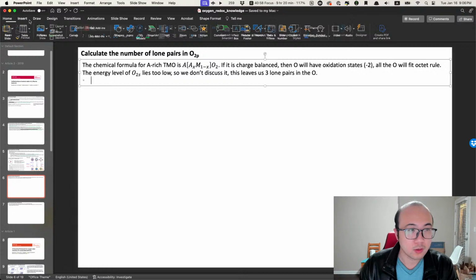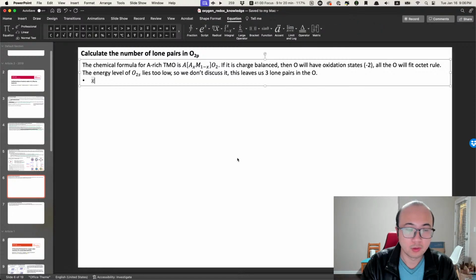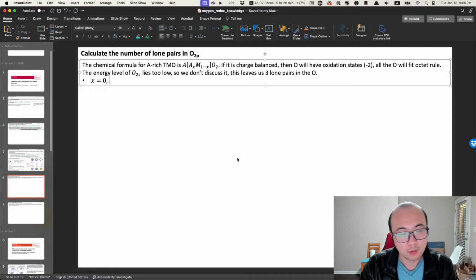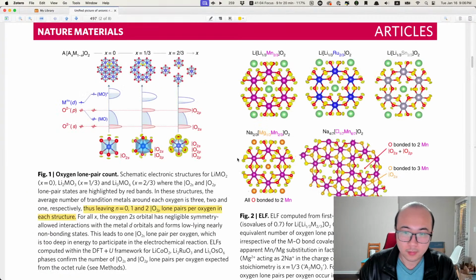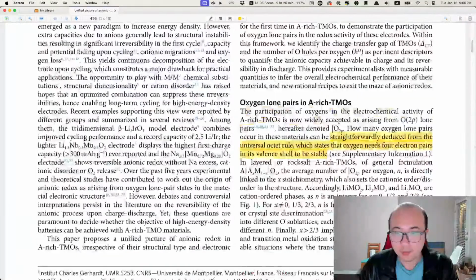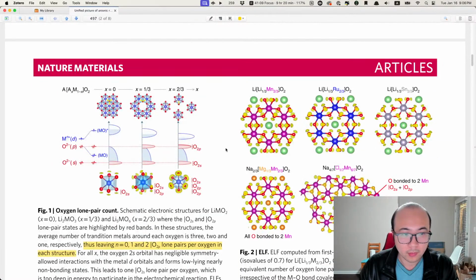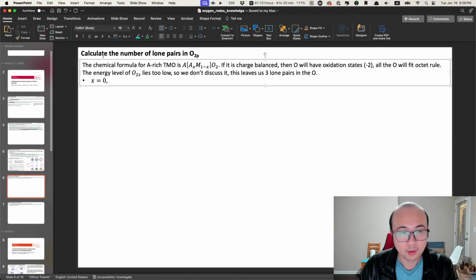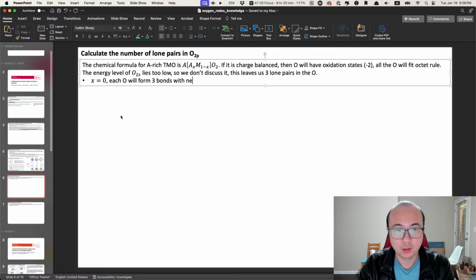If x equals 0, this means each oxygen forms 3 bonds with the transition metals.